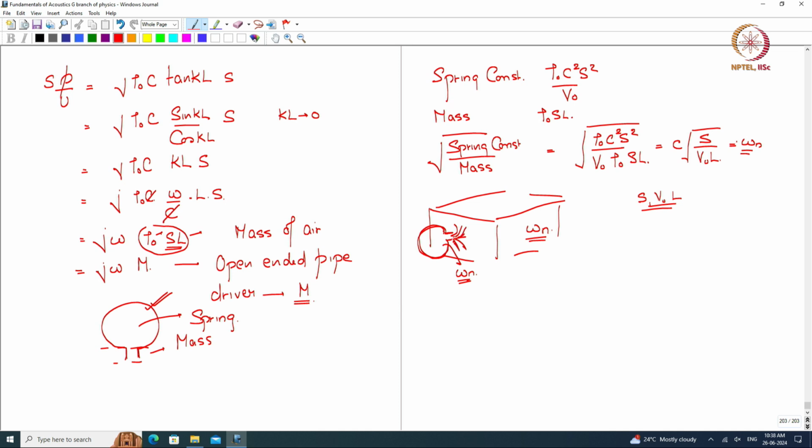The sound field will very heavily interact with the Helmholtz resonator because the impedance it sees is 0, and the rest of the room will be quiet. So it is like a passive quietening device, a passive noise control device.